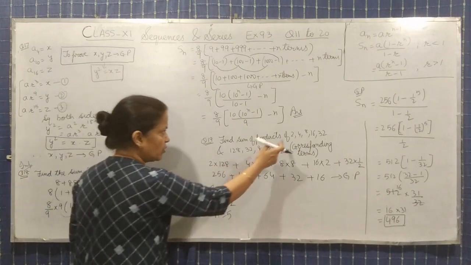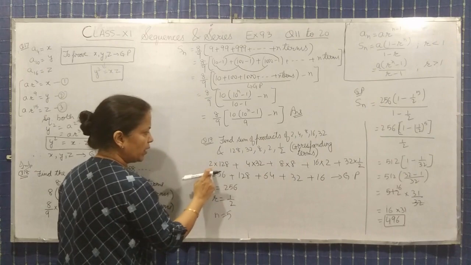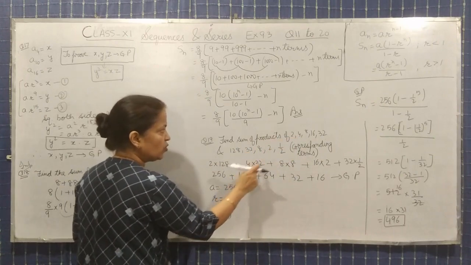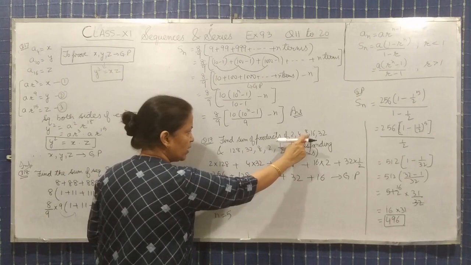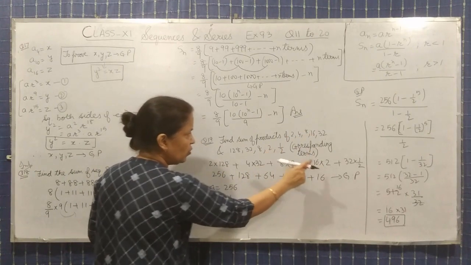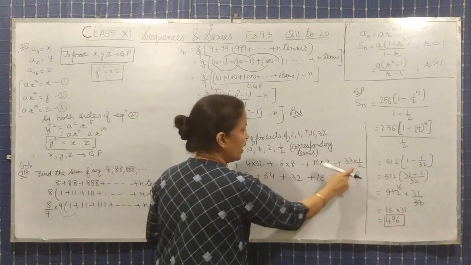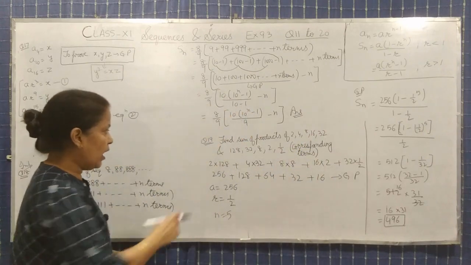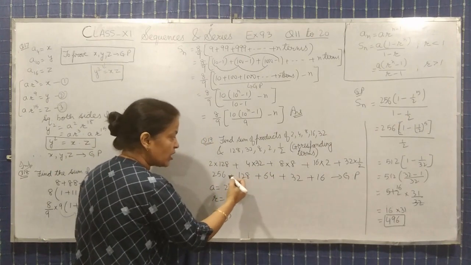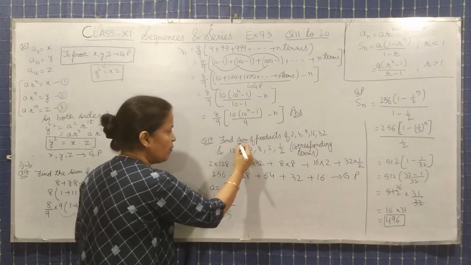So corresponding terms we will take: 2 into 128, 4 multiplied by 32, 8 multiplied by 8, 16 multiplied by 2 and 32 multiplied by 1 by 2. Now multiply them, you will get these, and add the sum. You have to find out the sum here.